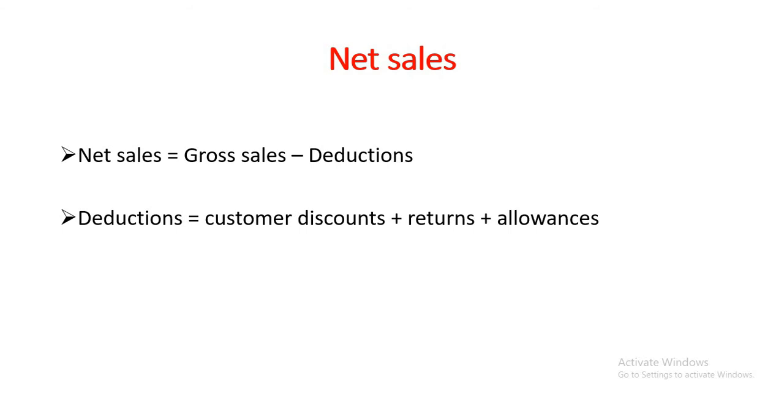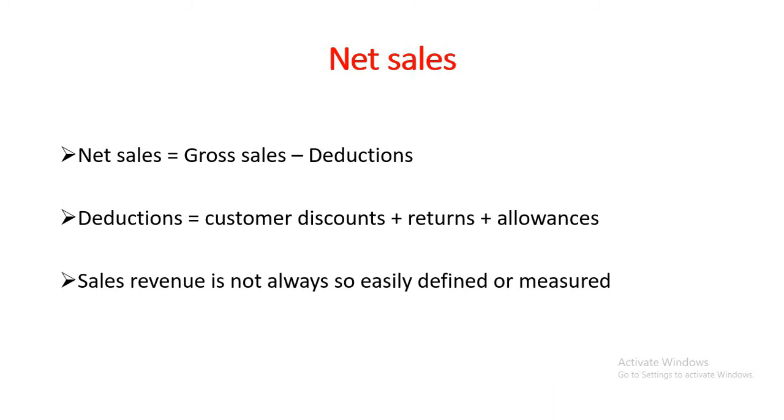So all the returns need to be adjusted with gross sales. And finally, we also need to consider allowances. So if Bata deducts discounts, returns, and allowances from gross sales, Bata will get the net sales.